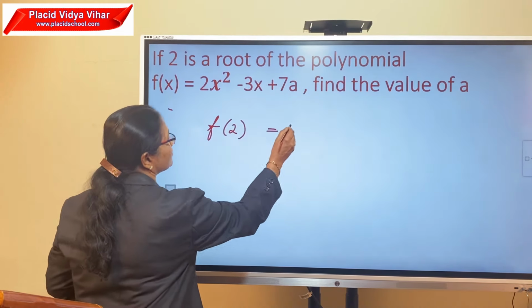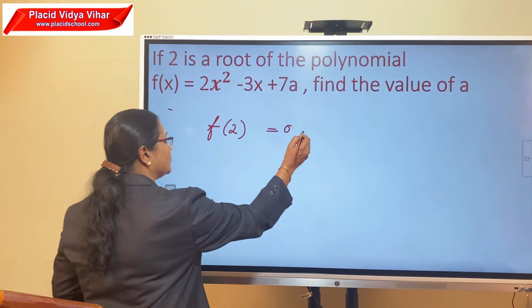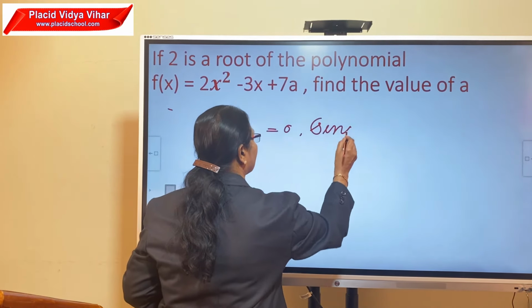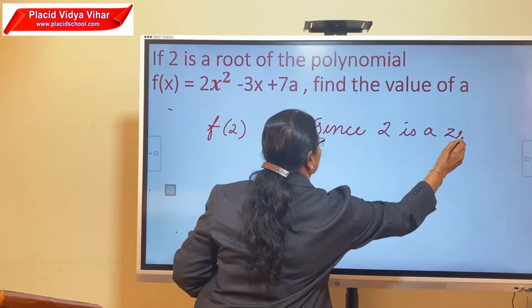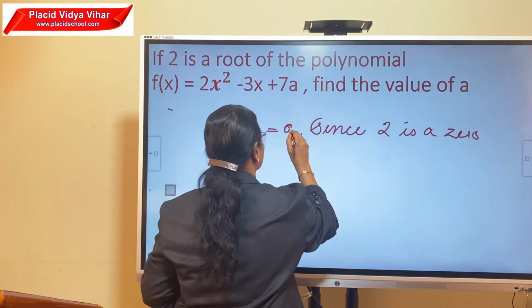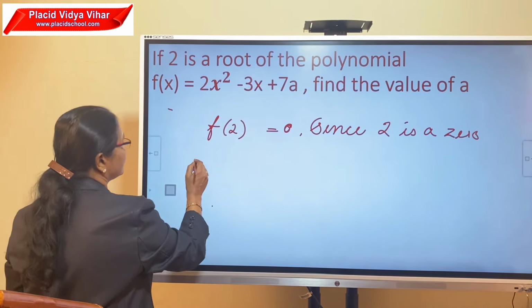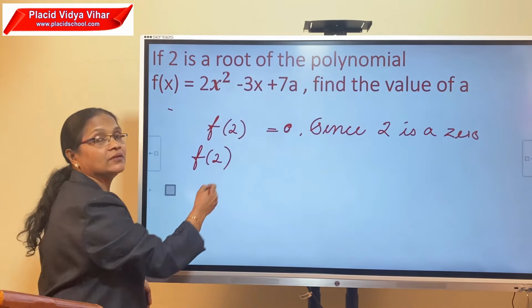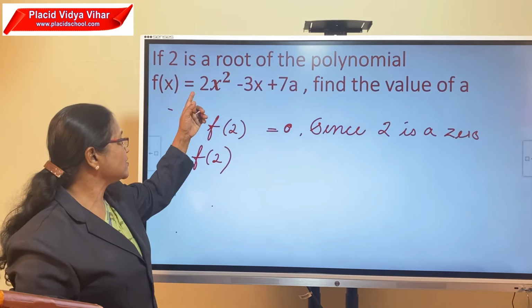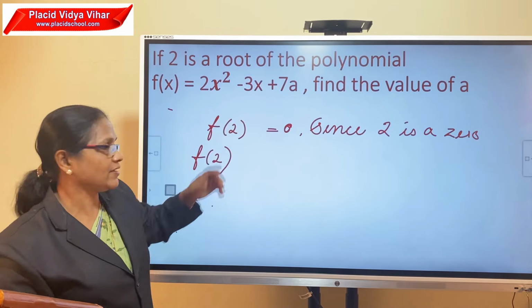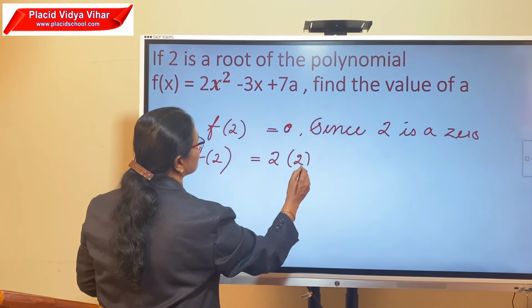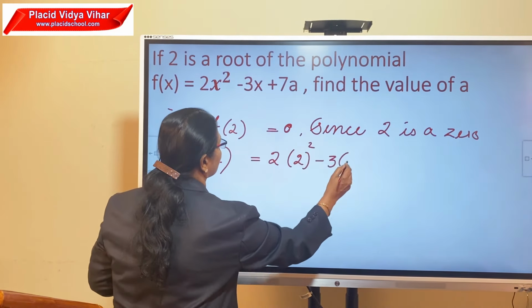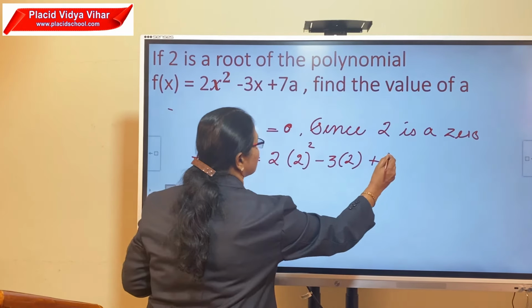To get f(2), we have to substitute the value 2 in place of x. That is 2 into 2 square minus 3 into 2 plus 7a.